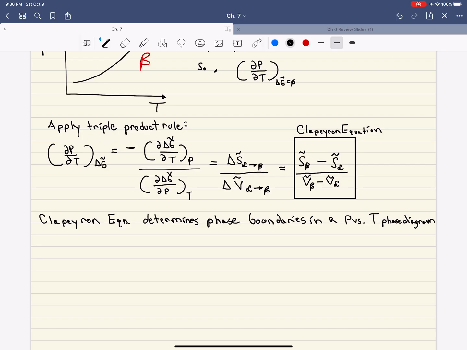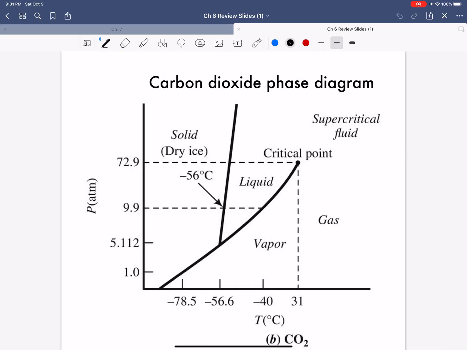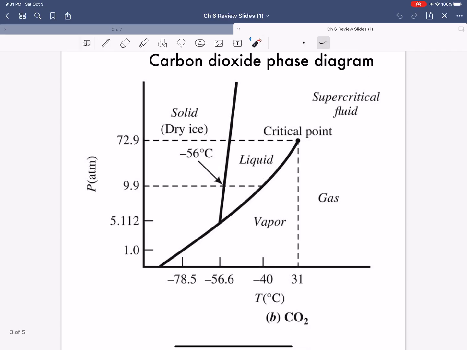Okay? All right, and so let's go revisit the carbon dioxide phase diagram here. Okay? And so we see all these coexistence lines that we have here, they all have positive slopes, right? And that's because, once again, dP/dT at constant G is equal to (S beta minus S alpha) over (V beta minus V alpha).